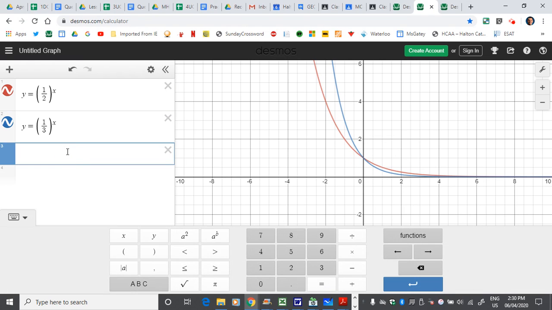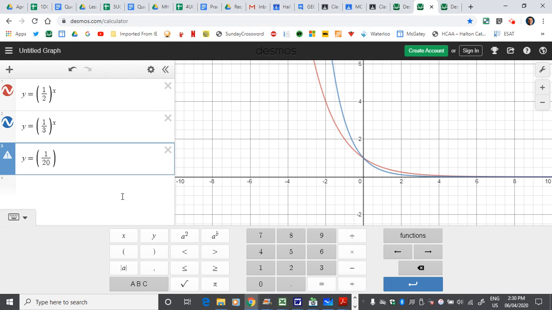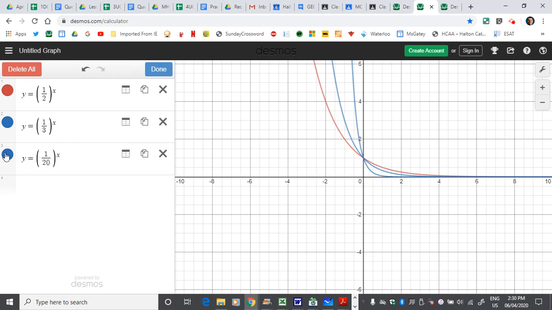And if I was to then say, okay, well, I'm going to make the base of my graph really small, like how about 1 divided by 20? Well, if I make that base really, really small, well, then we happen to get a really, really steep graph.